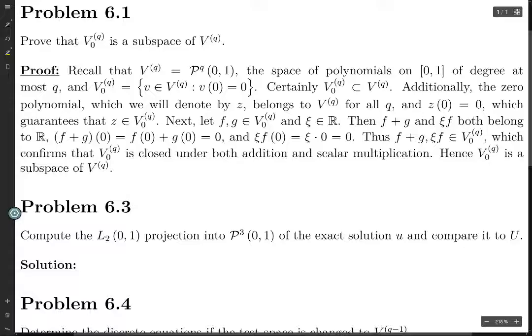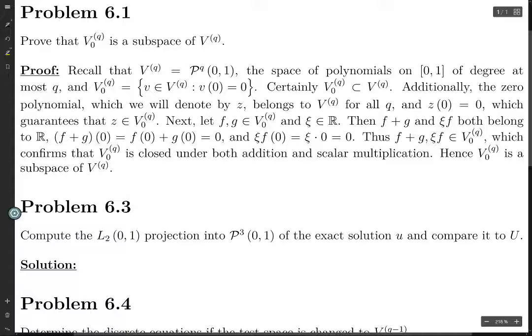It always belongs to this space VQ because it's a zero element. If it didn't have a zero element, then it wouldn't be a vector space. So z is in there, and z vanishes at 0 because it vanishes everywhere. So it's obviously going to be in V0Q.